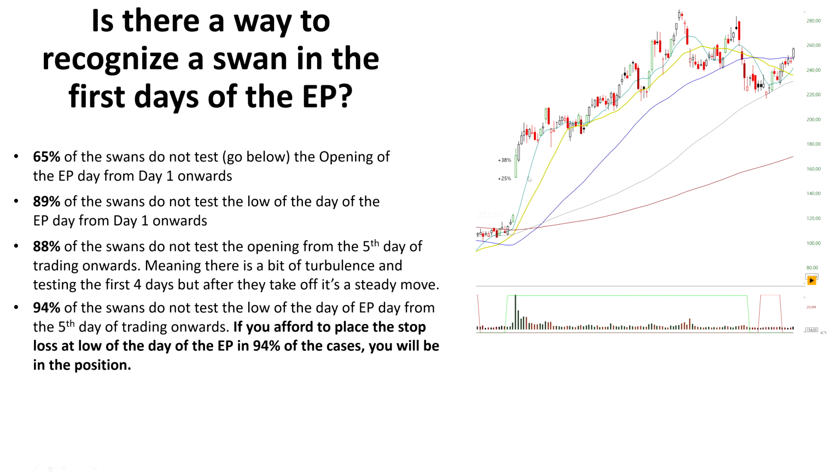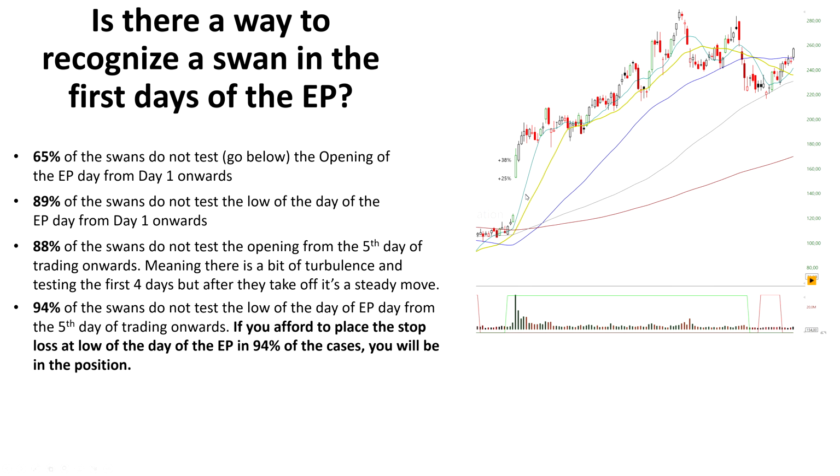Let's assume an ideal situation where I see this EP in pre-market and I enter at 15% or 20%. And I keep the stop at the low of the day, at 1% below. Then the stock behaves like this, and I will not be challenged at my stop loss, and it will stay like this for a long time.